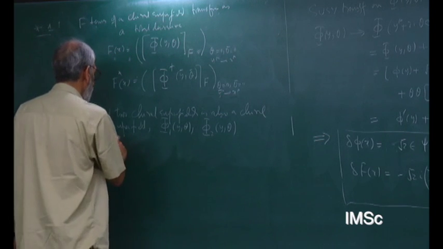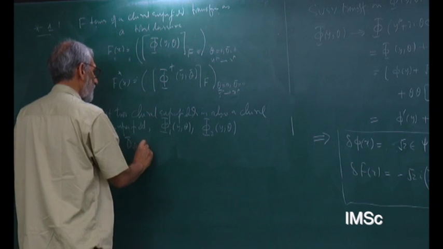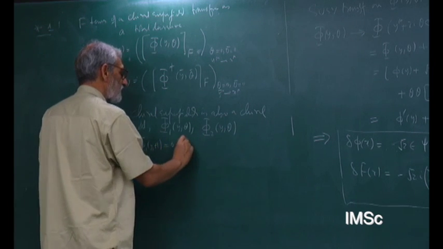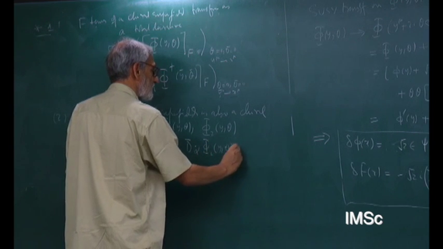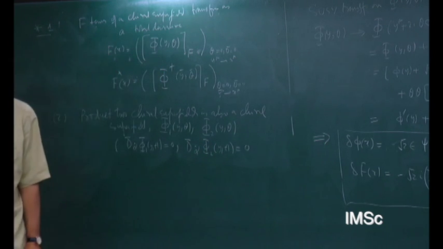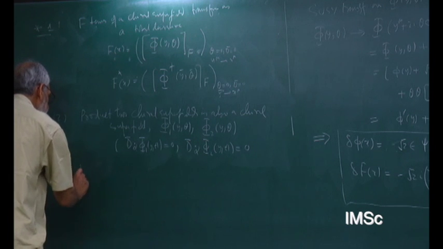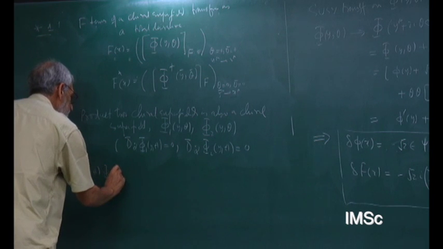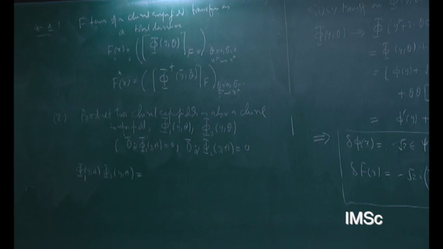That means both of them satisfy D bar alpha dot phi equals 0 by construction, because they are functions of only Y and theta. Then the product superfield. Take the product of two superfields.